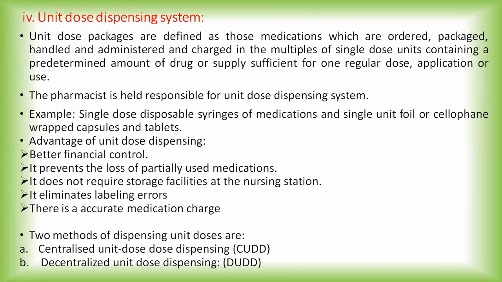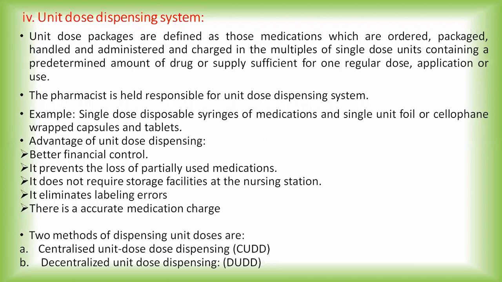Next is the unit dose dispensing system, the fourth one. Unit dose packages are defined as those medications which are, carefully listen, ordered, packed, handled, administered and charged in multiples of single dose units containing a predetermined amount of a drug or supply sufficient for one regular use or application. The name itself tells us it is unit dose dispensing.